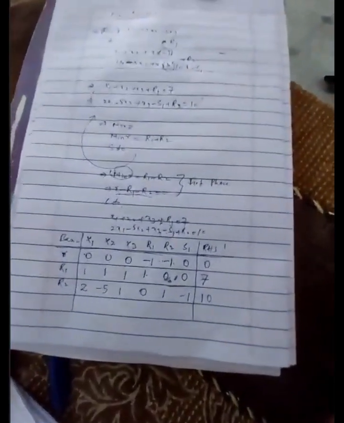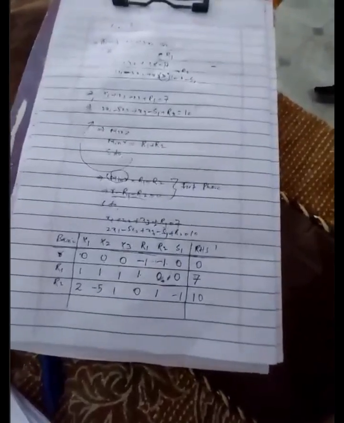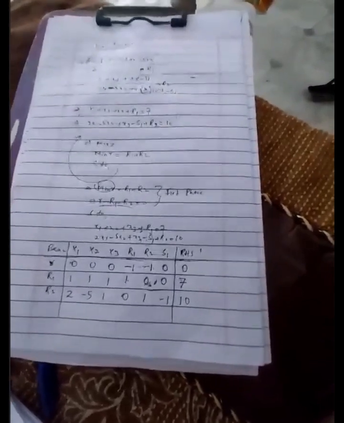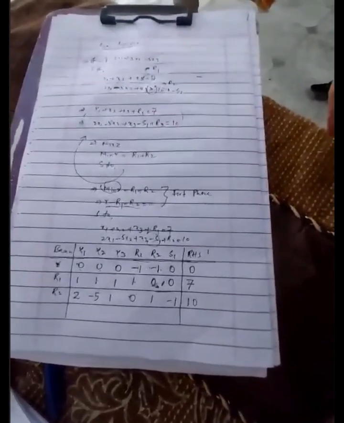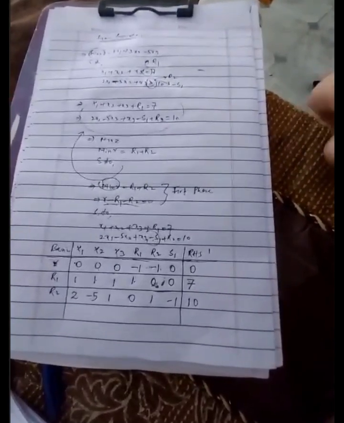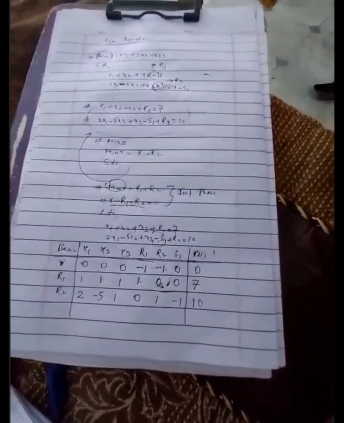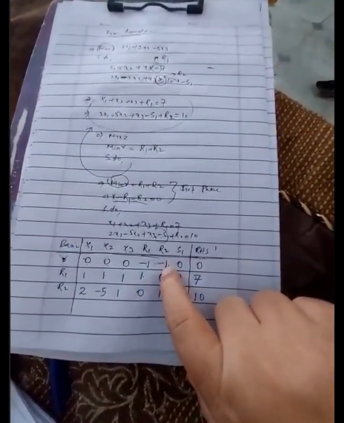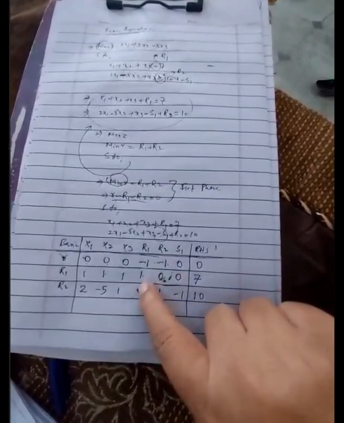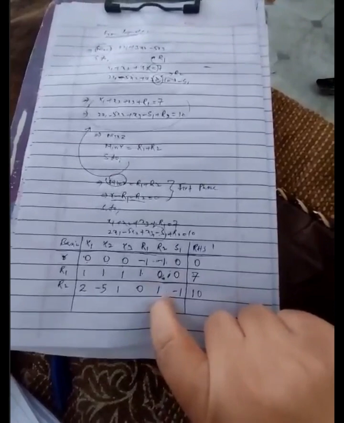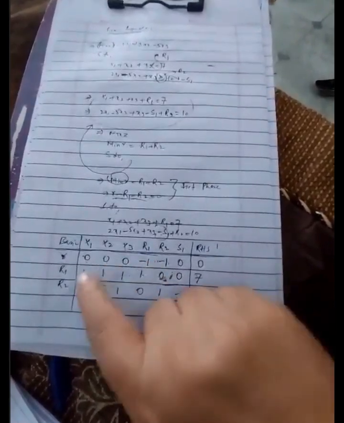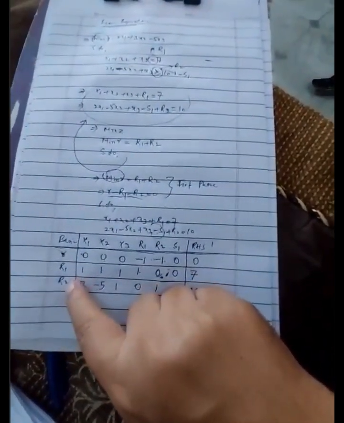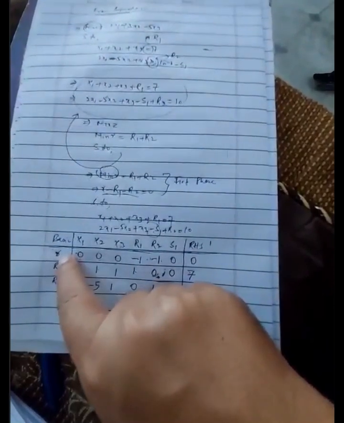Now, can you tell me what we need to do in order to process it forward? What do you see unusual in it? Yes, we need to add the R1 row to small r, and we need to add the R2 row to the small r row.